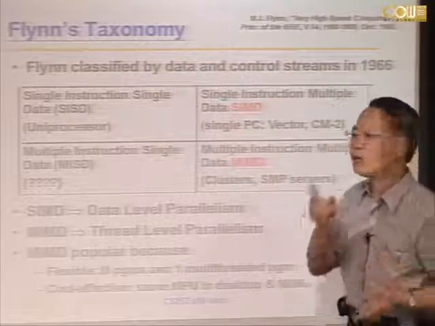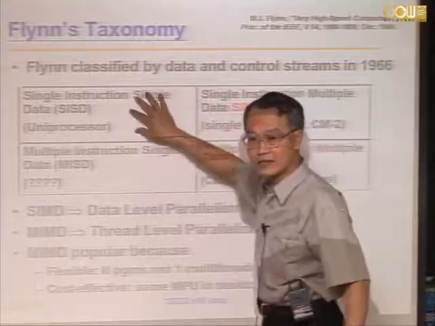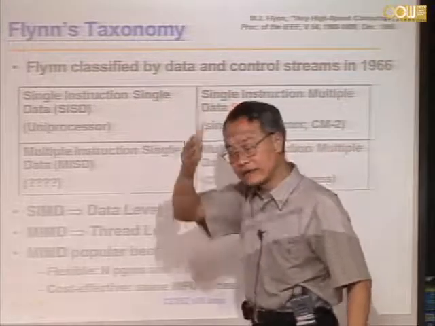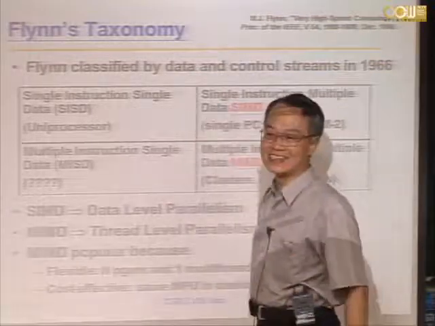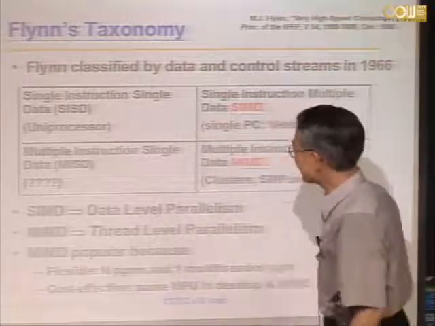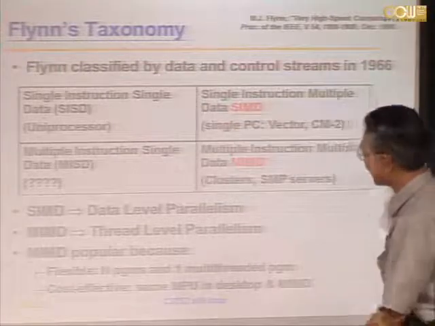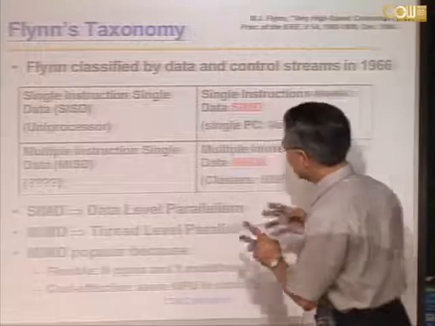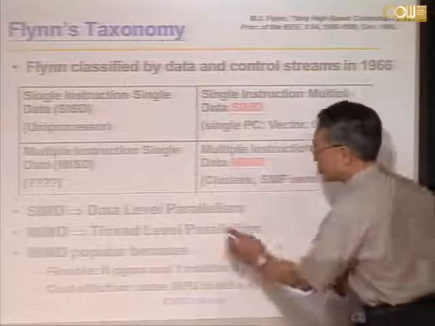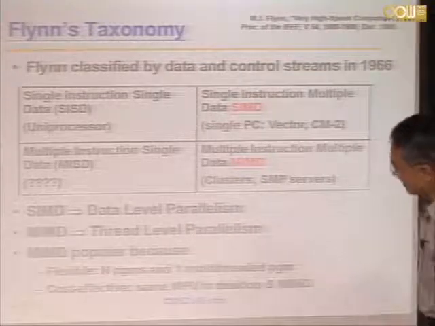The first one. Right, in here. Still the same instruction stream, but there is some instruction level parallelism. So that's the superscalar type machine. And the MIMD exploits program level or thread level parallelism.